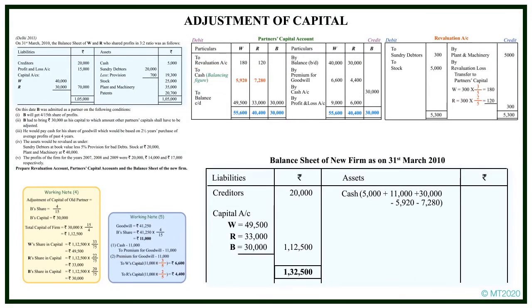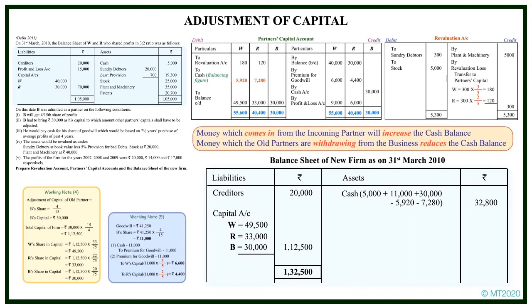Thus, the net amount we can see for cash appears as 32,800. This is an important point because cash needs to be adjusted. The money which comes in from the incoming partner will increase the cash balance, and the money which the old partners are withdrawing from the business, their capital, will reduce the cash balance.